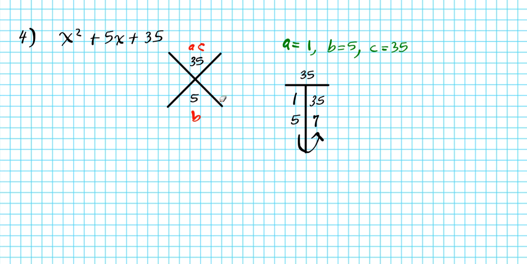That doesn't work. 5 and 7 yields 12 or 2. That doesn't work either. So what does that mean? This simply means that this polynomial is not factorable. That's prime. So write not factorable. It is possible for a polynomial to be prime or to be in a form where it cannot be factored. That's a possibility that you want to keep in mind.